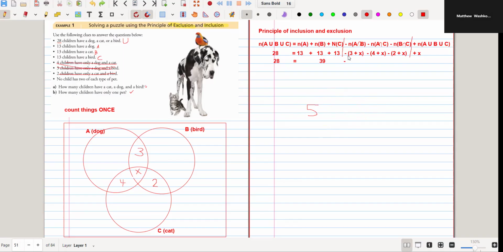So negative 1 times positive 3 gives me negative 3. Negative 1 times a positive x gives me negative 1x, or just negative x, right? Let me actually show that I'm doing this for each of these.